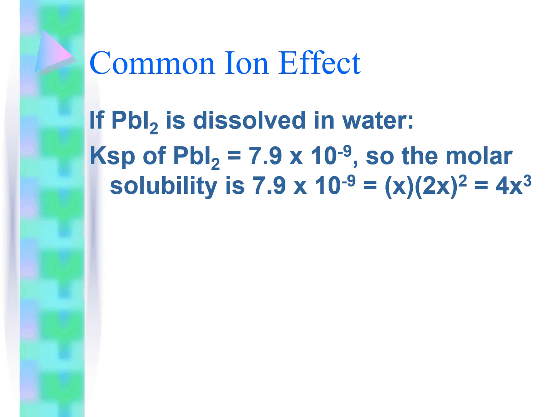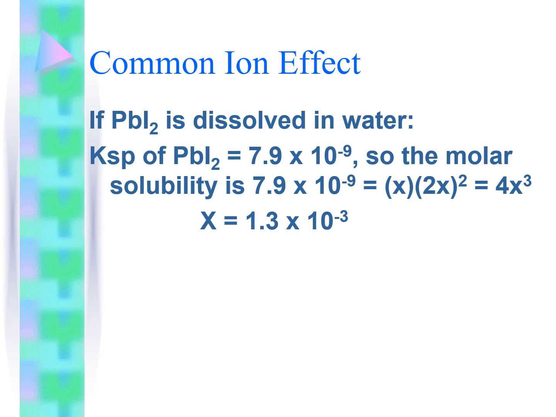It's going to be equal to the equilibrium values for the lead ions times the amount of iodide ions squared. You're going to get 4x to the third for your value for changes, and you'll get an x value of 1.3 times 10 to the negative 3.